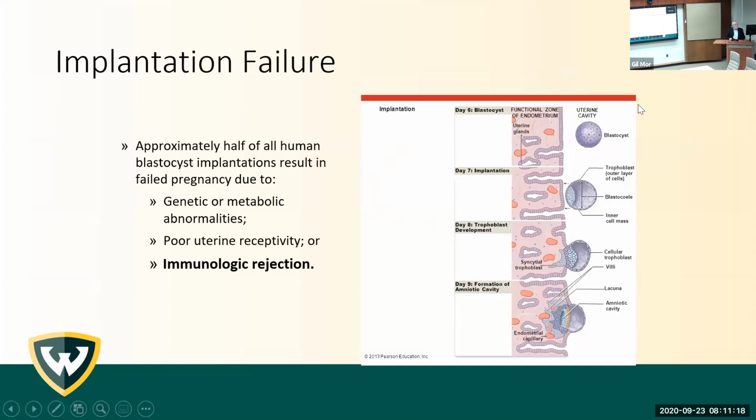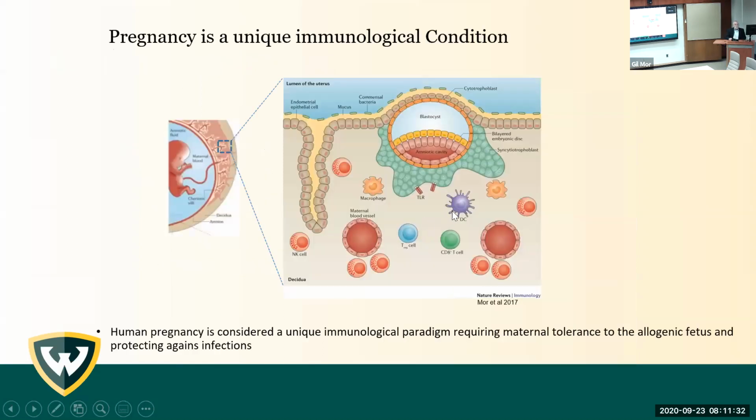So again, many factors have been associated with infertility. What we are focusing on is the aspect of immunology. This is a reproductive immunology course, so whatever is immunology is what we're touching.